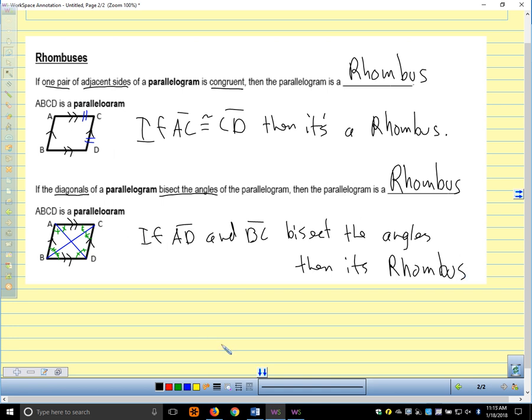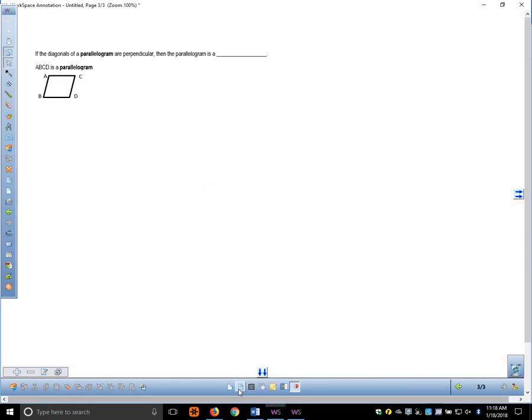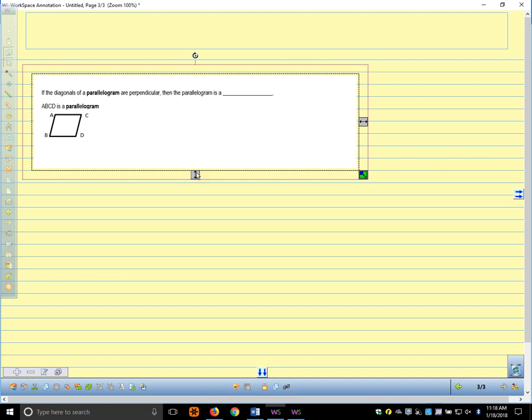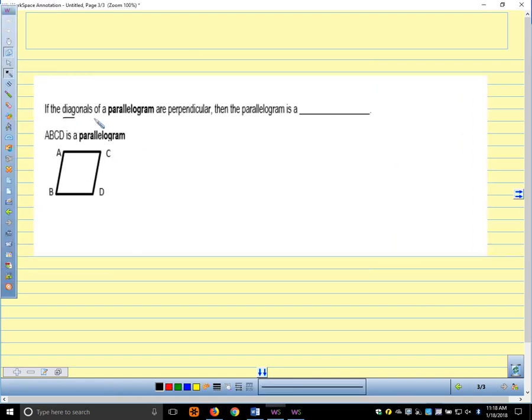The last one. If the diagonals of a parallelogram are perpendicular, then the parallelogram is a rhombus. So we've been told that this is a parallelogram. And we also know that the diagonals are perpendicular.